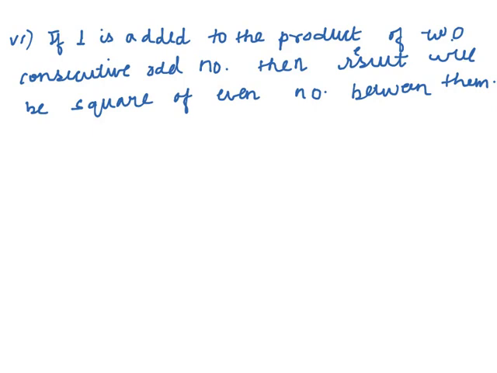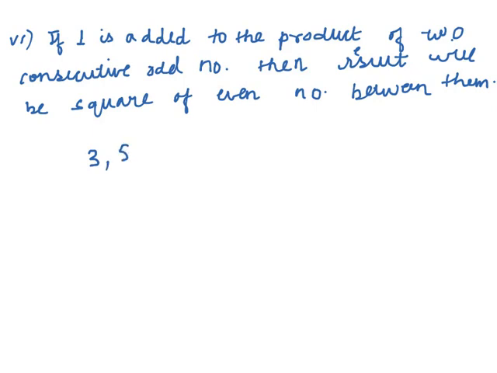According to the next property, if we have any two consecutive odd numbers and to the product of these consecutive odd numbers we add 1, then the result will be equal to the square of the even number between them. Let's take the example of two consecutive odd numbers 3 and 5.